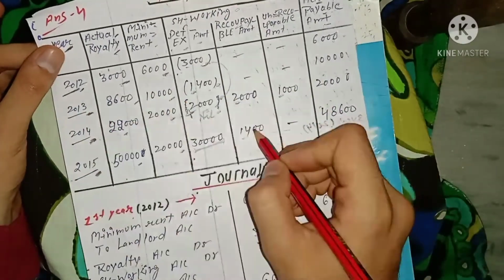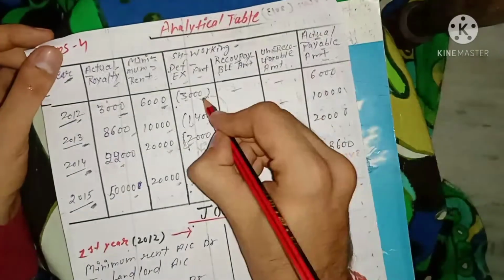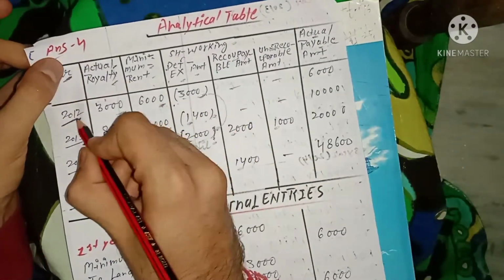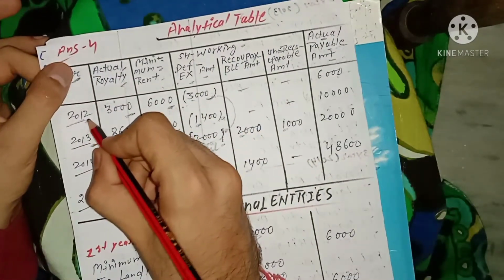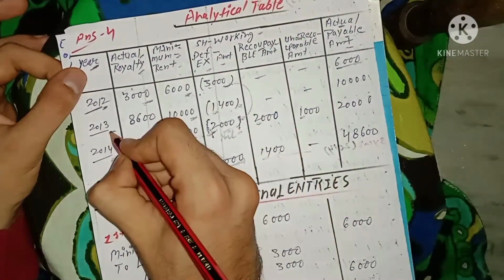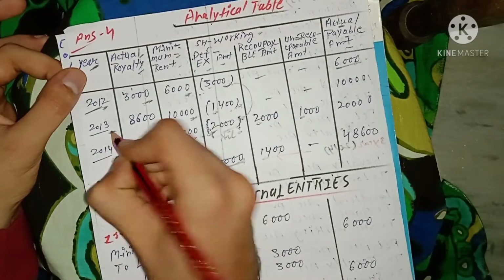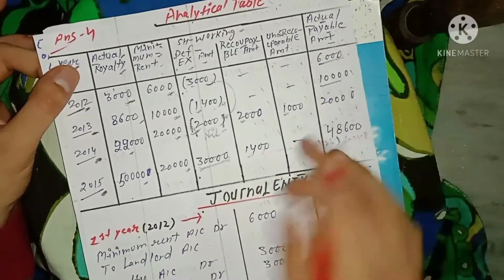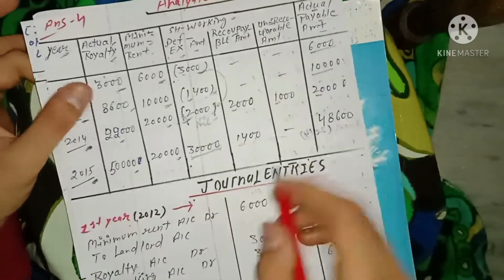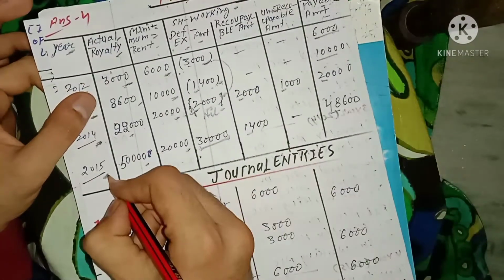So here you can see payment: in the first year we have to meet the minimum rent amount. The minimum rent of rupees 6,000 related to the year 2012, and 10,000 related to the year 2013, the whole amount will be payable to the lessor, and 20,000 which is related to the year 2014, and 48,600 which is related to the year 2015.